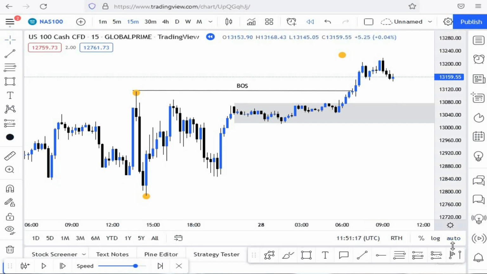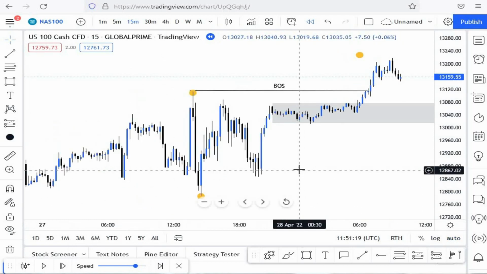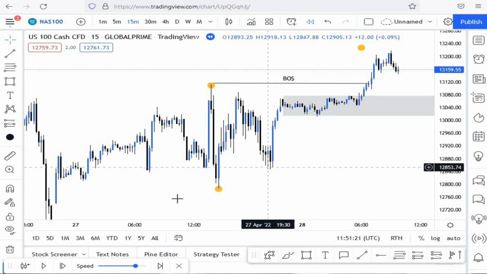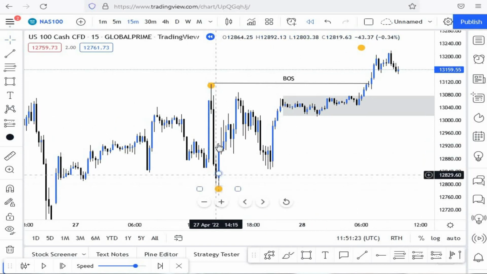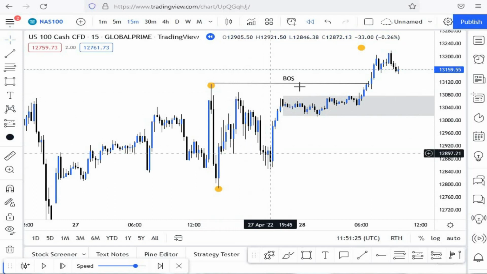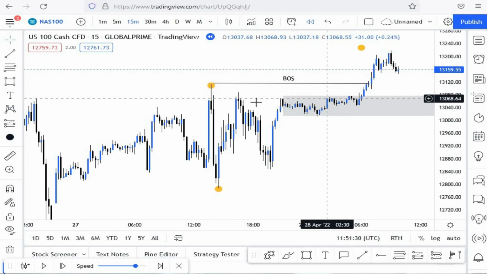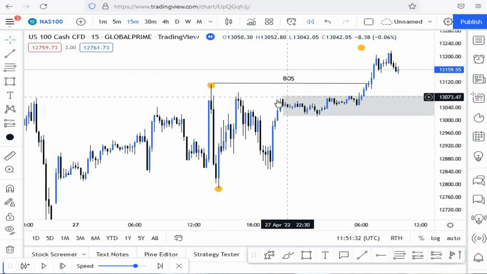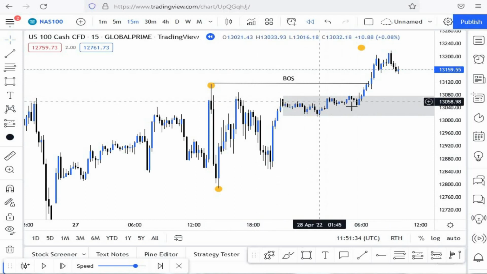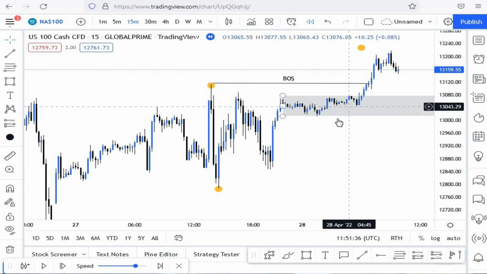And you can see guys that before price went up, they created a rally, base rally, because this one failed to break the structure. In this zone area, it was a trading range whereby the price has created an internal structure.